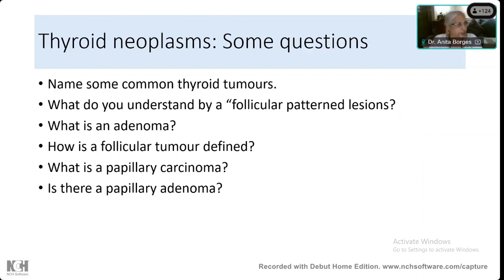Okay, that's very good, Deepak. So can you explain what is a follicular pattern? What is a follicle? Follicle means cells are arranged in a ring fashion, which covers some space containing colloid. Okay, so that is what you understand by follicle.